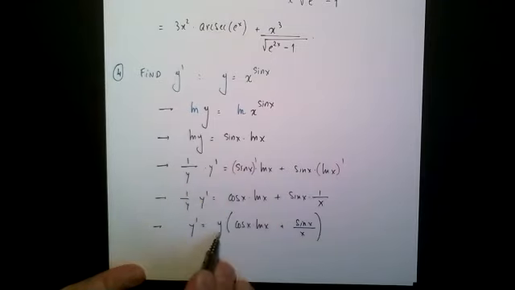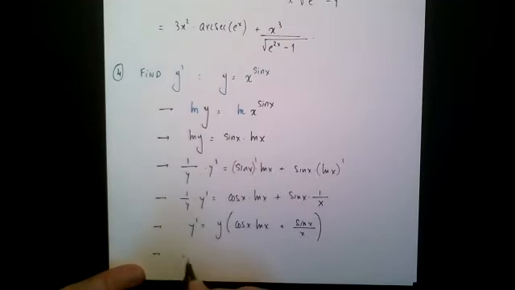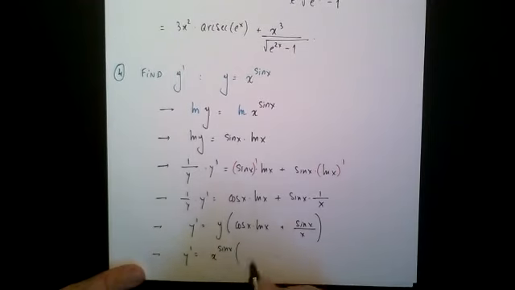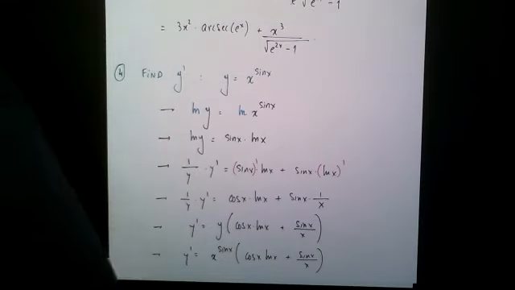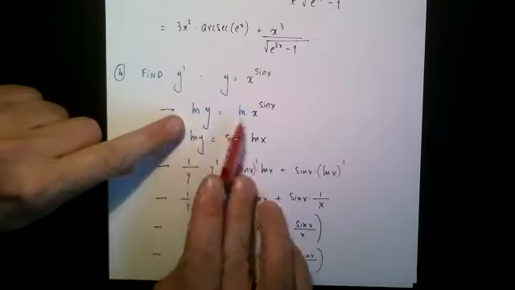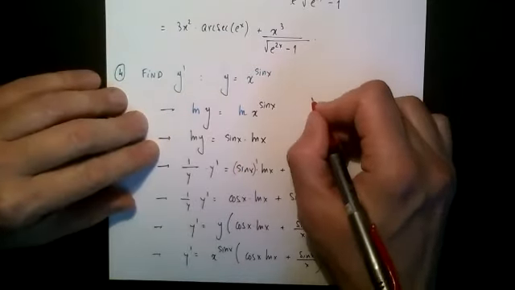And then I replace the y back by what it was. So y prime is x to the power of sine x times cos x ln x plus sine x over x. That's it. So when you put the ln on each side and then differentiate, this is called logarithmic differentiation.